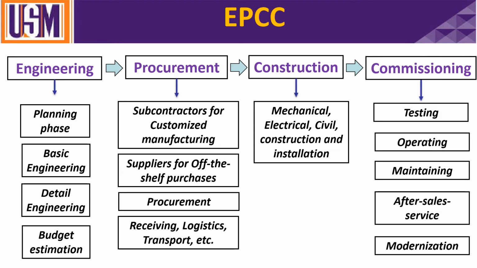So sometimes the EPCC project's final stage is commissioning, with testing only. It stops there, and then you hand over to other people. Then the other people will do the operation, the maintaining, the after-operation services, and so on.